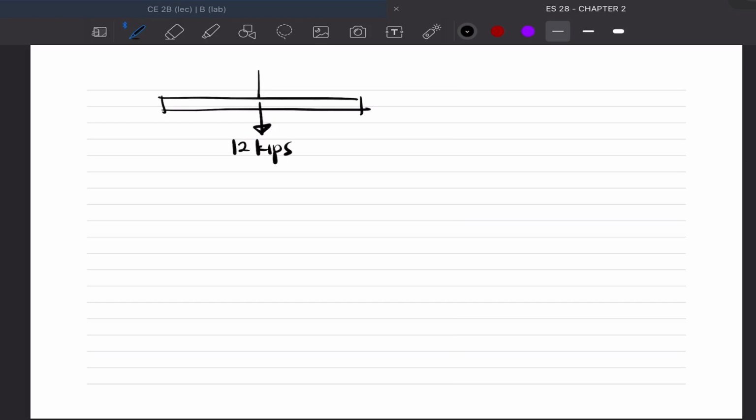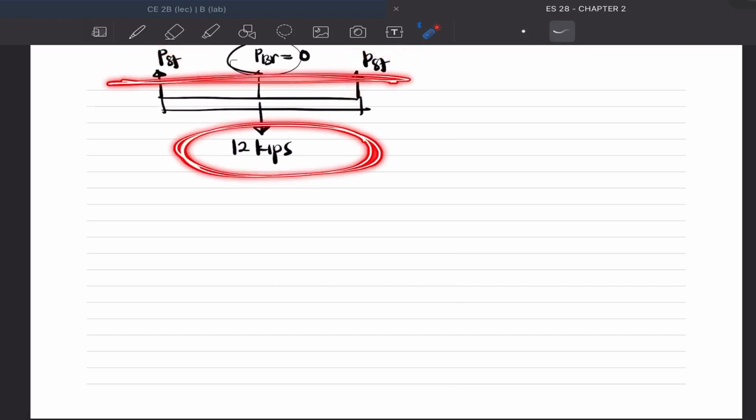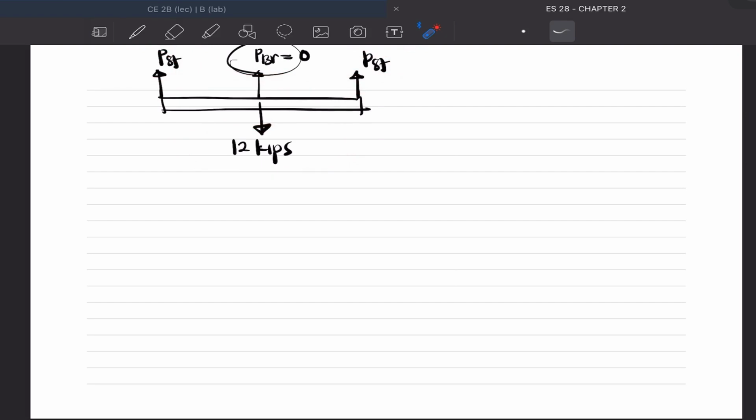We have P bronze, P steel, and another P exerted by the steel rods. As stated in the problem, the bronze is stress-free, meaning it is not carrying any load, so this one is 0. In this case, the steel rods at the sides share the weight of the rigid block, 12 kips.